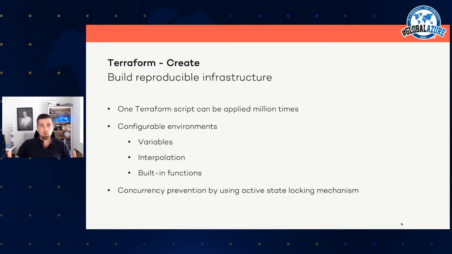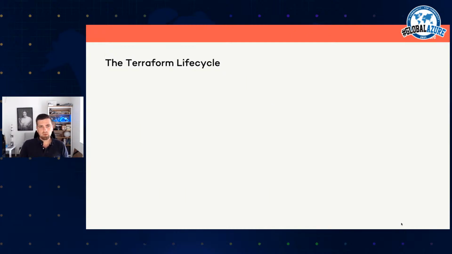Terraform has a concept of active state locking that prevents concurrent modifications being applied to the same underlying cloud infrastructure. So there's a level of robustness that Terraform brings to the plate that we can use to ensure that no concurrent modifications are applied to the same set of infrastructure services.